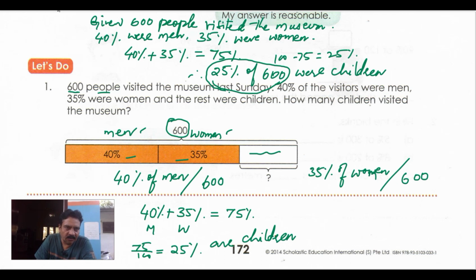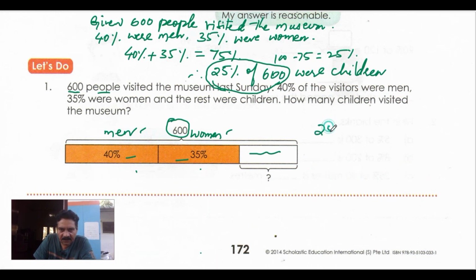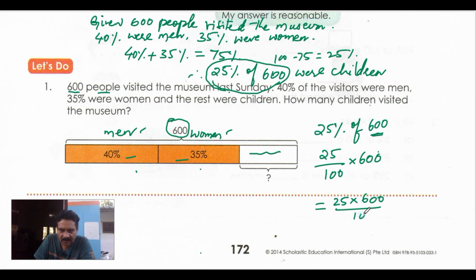Okay, I'm going to rub this. 25% of 600 means 25% is 25 out of 100 into 600, right? So it becomes 25 into 600 by 100. 100 ones are 100, 6 are 600.